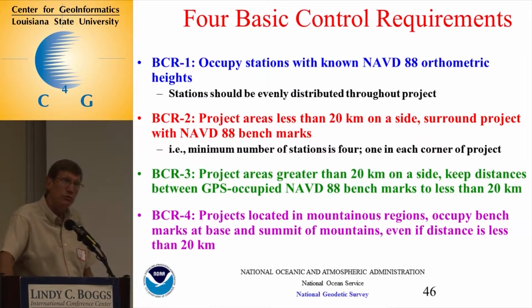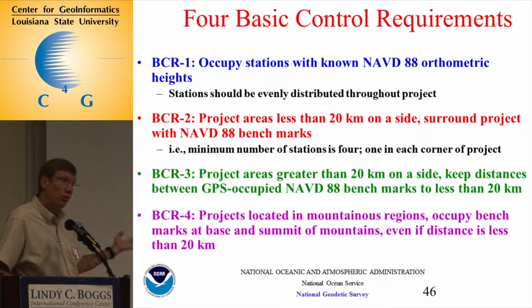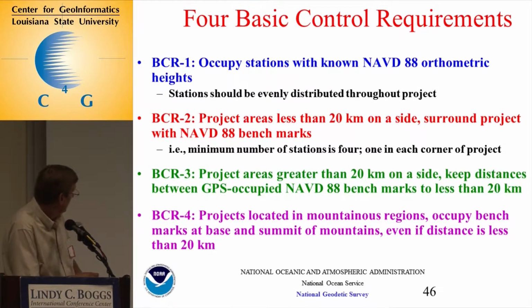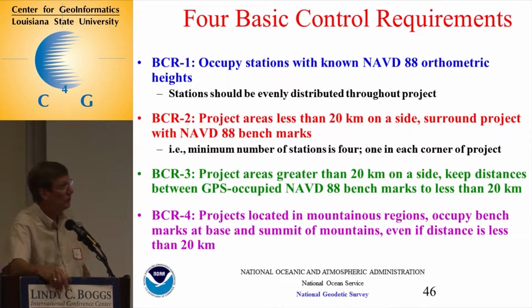If you don't do that, then you're not validating the geoid model at the highs and the lows. And the only way to know if you need to do that is to look at what went into the geoid hybrid model, and was there a benchmark on the summit of this area? And most likely not, because most of the time you don't.